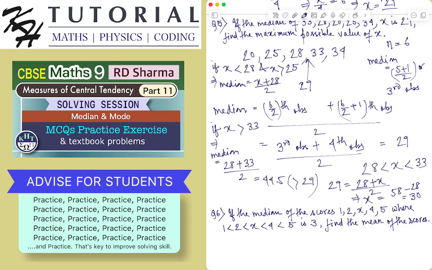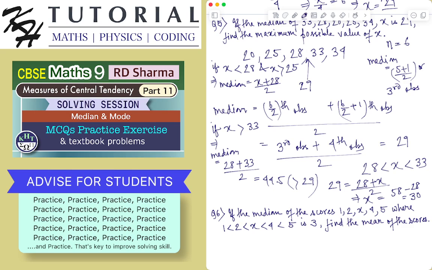If x is 30, then the median will be 28 plus 30 divided by 2, which is 29. So x is 30.